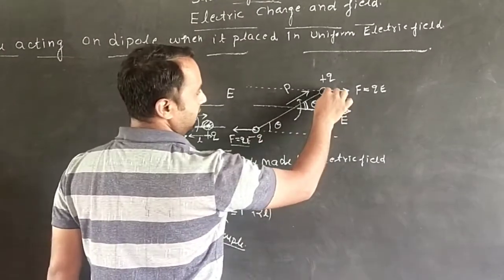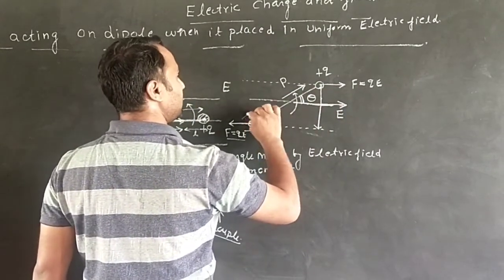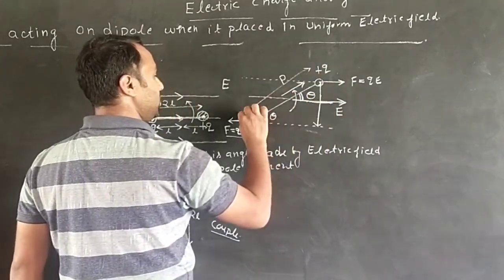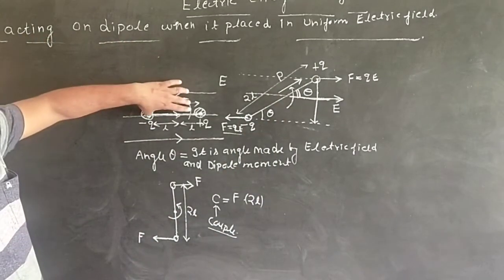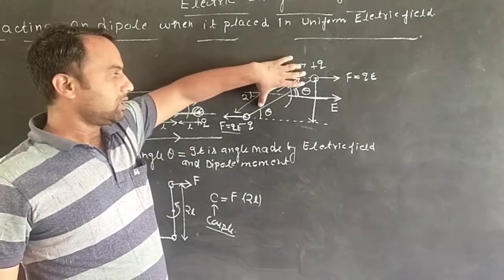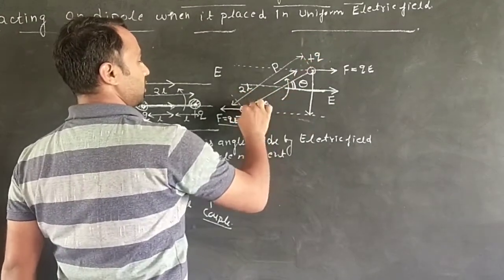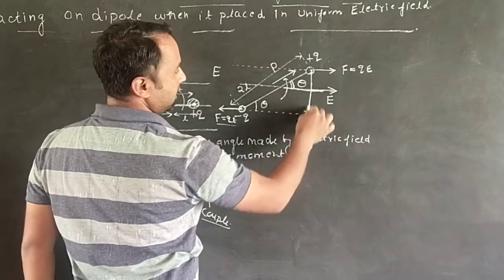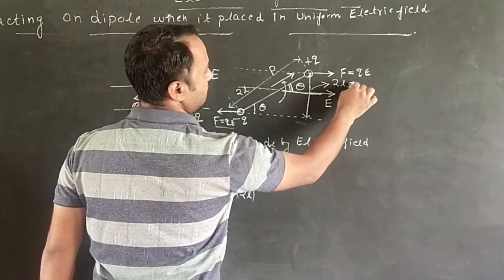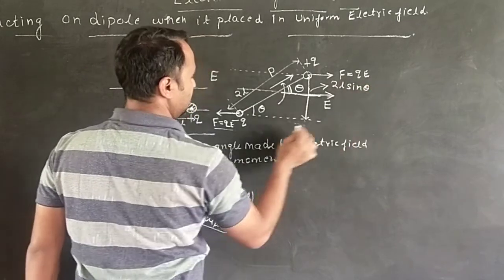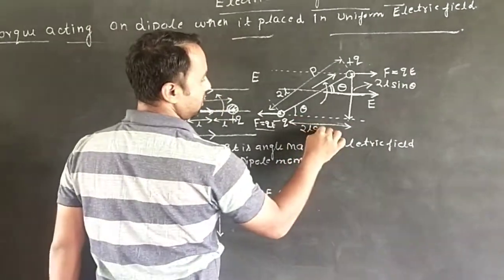Now if the whole length of the dipole is considered to be 2L, this is the 2L distance. And here this length is 2L sine theta and this distance is 2L cos theta.